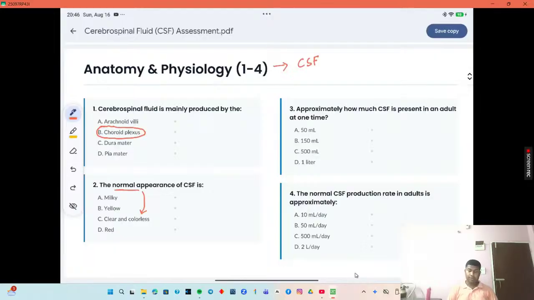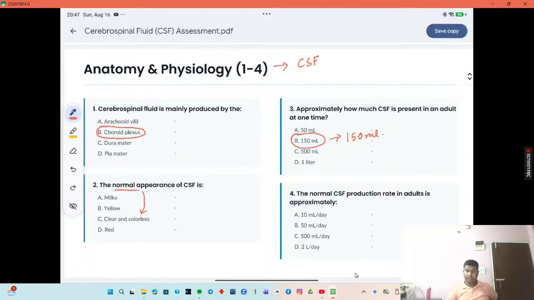The right answer of this question will be 150 ml. So approximately 150 ml of cerebrospinal fluid is present in an adult at one time. Is it clear?